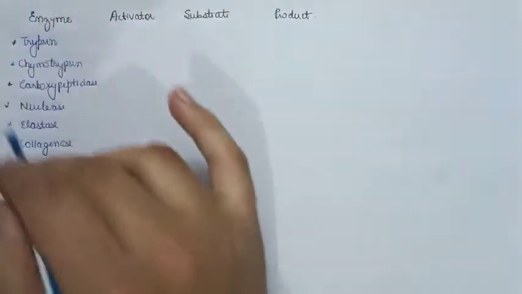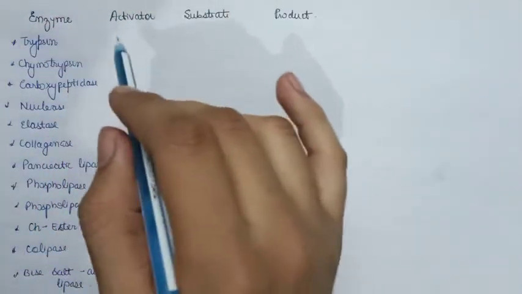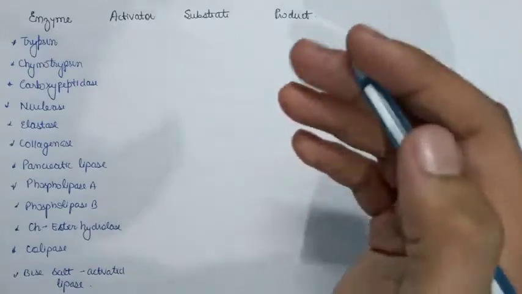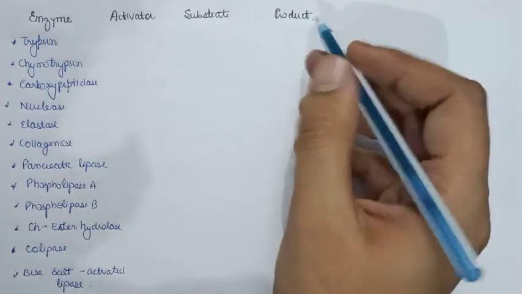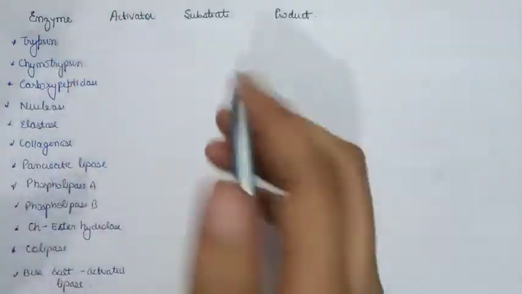Now we are going to discuss the enzyme, the activator of the enzyme, its substrate and the final product that the enzyme produces. First we'll see the substrate and product, then last we'll move on to the activator.